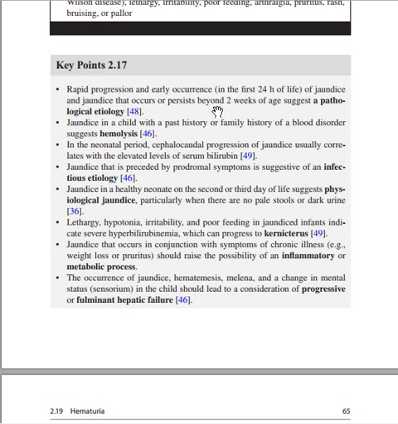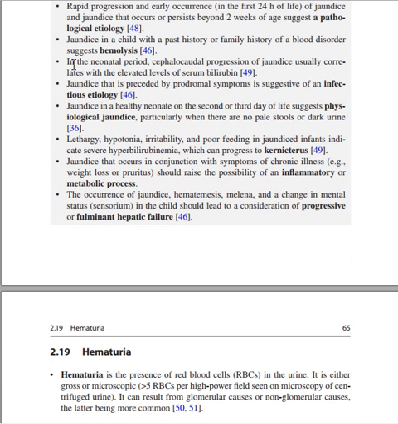Jaundice that persists beyond 2 weeks always suggests a pathologic etiology, as does jaundice in children with a family history of blood disorders such as hemolysis, like sickle cell disease or hemoglobinopathy. In the neonatal period, cephalopedal progression of jaundice usually correlates with an elevated level of serum bilirubin. That is the Kramer progression.